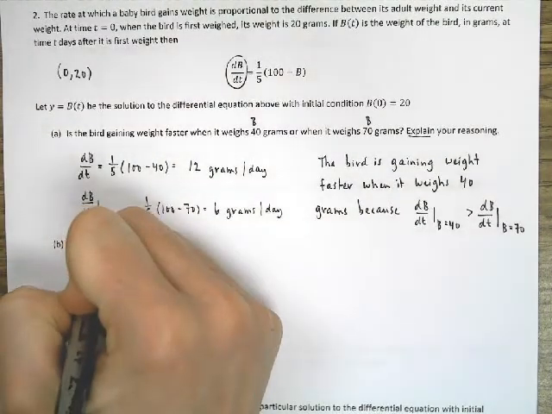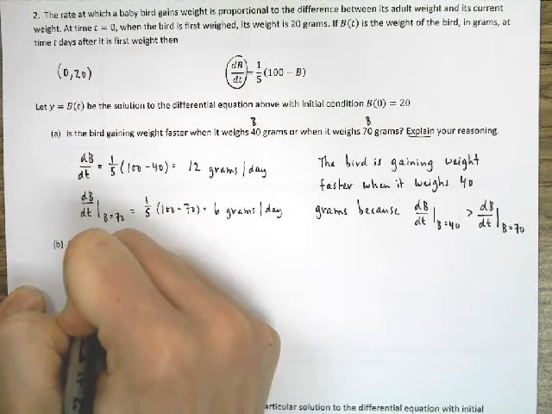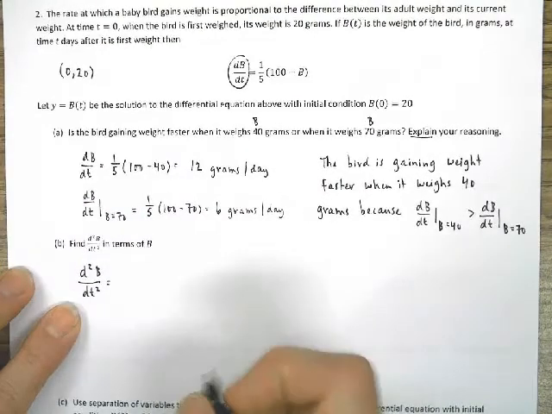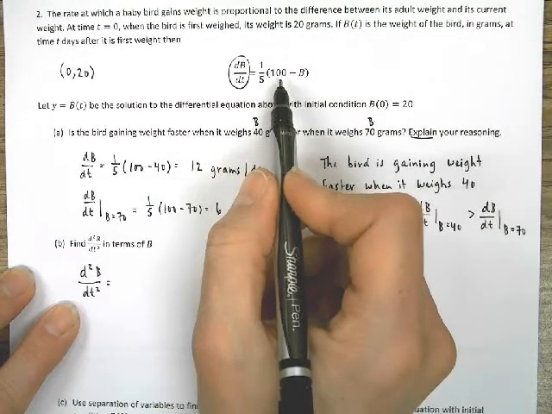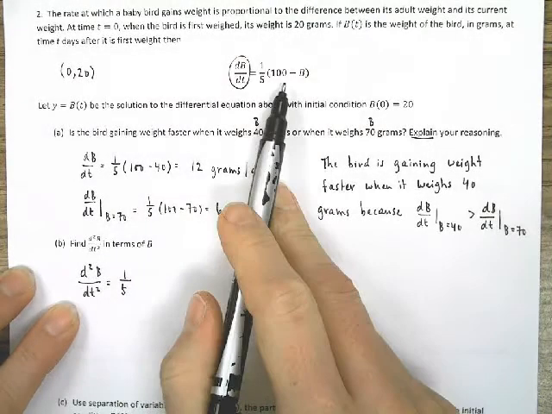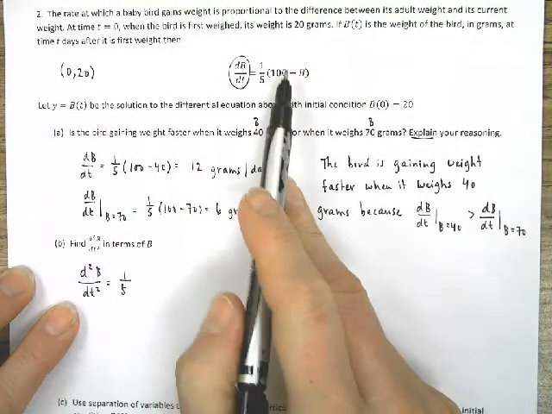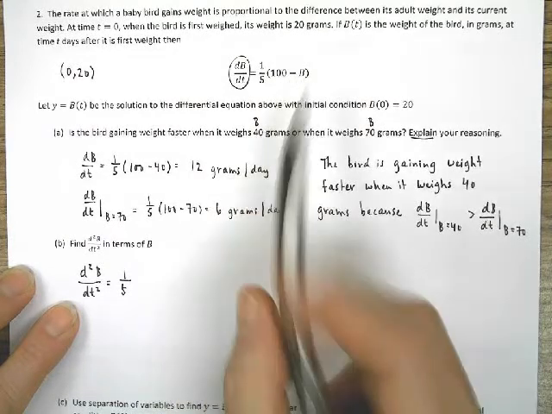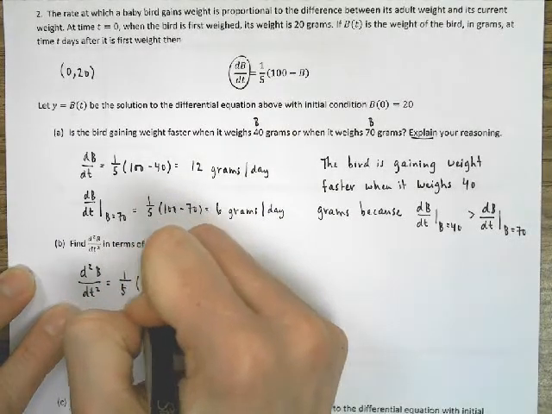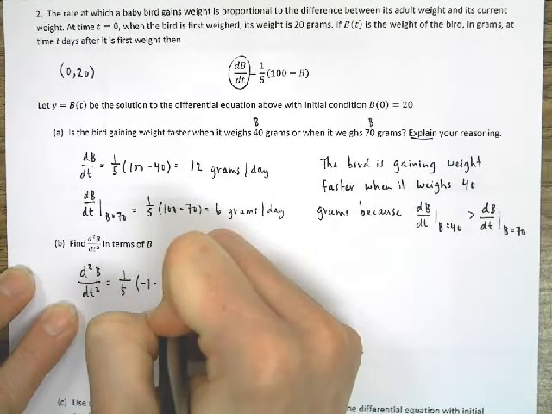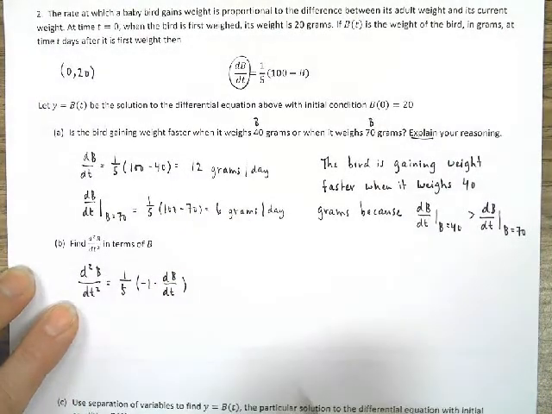So now we're going to go ahead and do that. Again, we're going to have to use implicit differentiation. So I have a constant times a function. My derivative is going to be that same constant times the derivative of this function. Well, the derivative of 100 is 0. The derivative of the opposite of b is -1, but then I have to multiply times dB/dt.